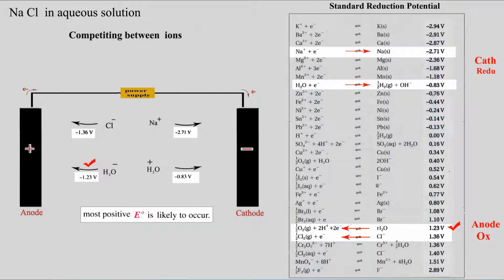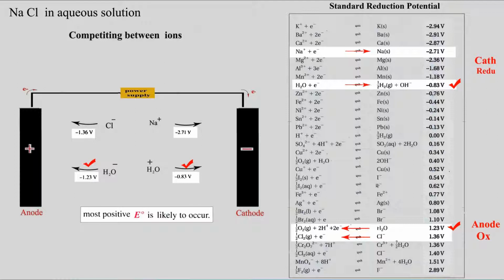So water is going to be the one that reacts. Now look at the cathode. Which one gives you the most positive value, sodium or water? Also, water gives you the most positive value.